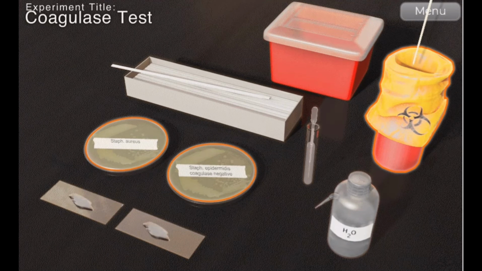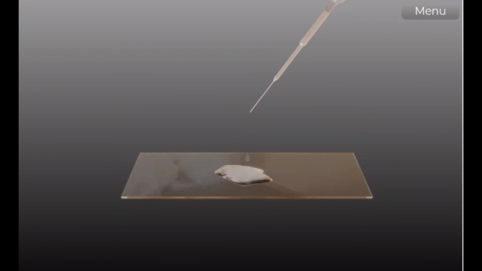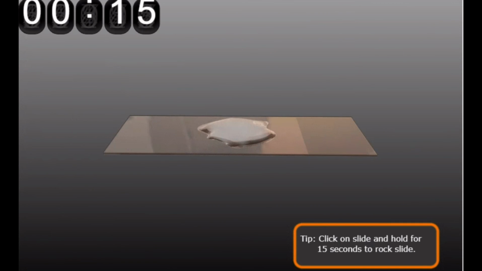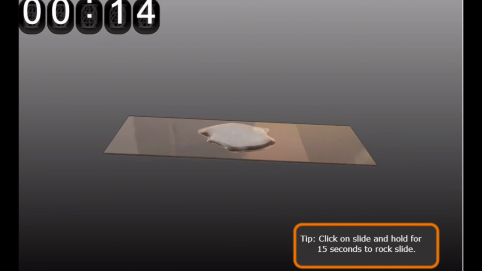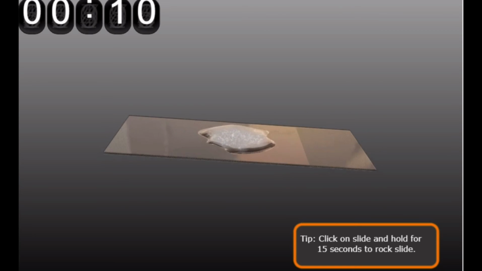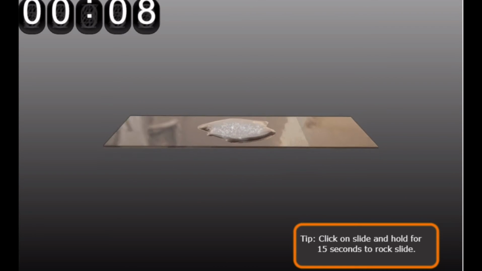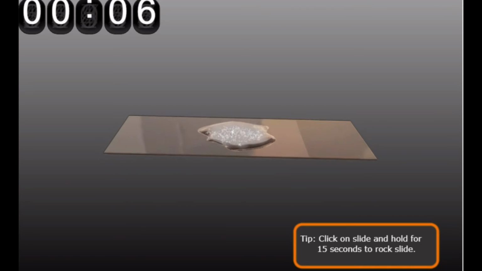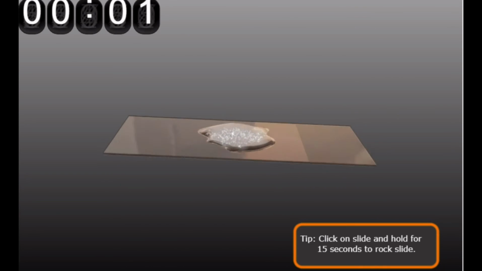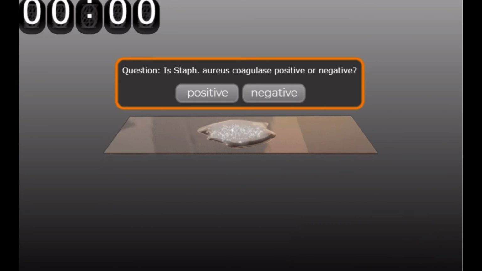Dispose of the stick. Add 1 or 2 drops of rabbit plasma. Rock the slide and watch for clumping. So if there is clumping, that means it is positive. Wait for 15 seconds.